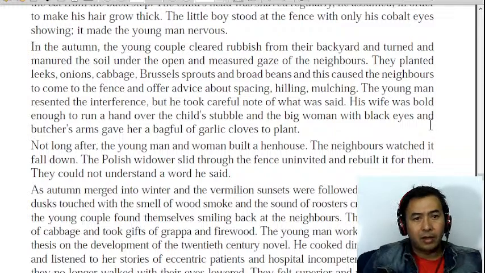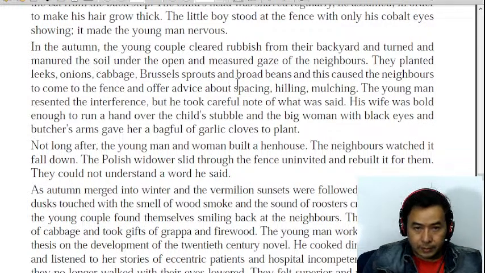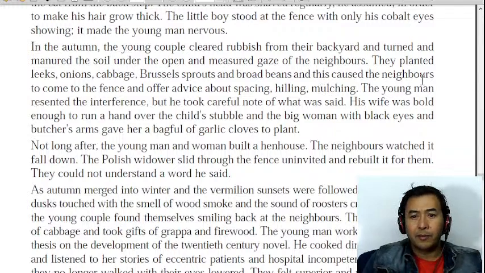So now in autumn, you can see that those people who were shouting and screaming just to talk have started cultivating in their locality, in a garden with different types of vegetation. On top of that, the neighbors also started coming and counseling them on spacing, hilling, and mulching of the cultivation.